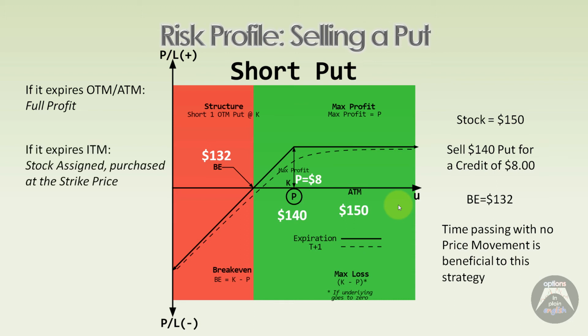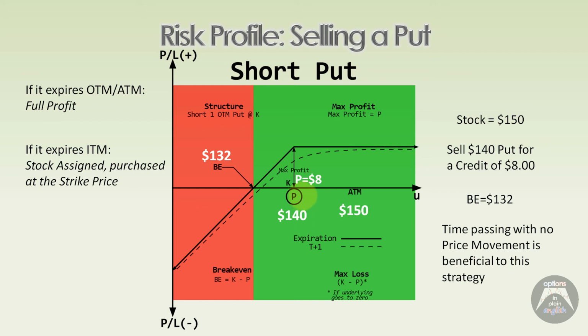If it expires in the money, then your stock is going to be assigned, so you're going to purchase it at the strike price. So let's say, for example, in this case it expires at 120. At that point you're going to be put the stock at $140.